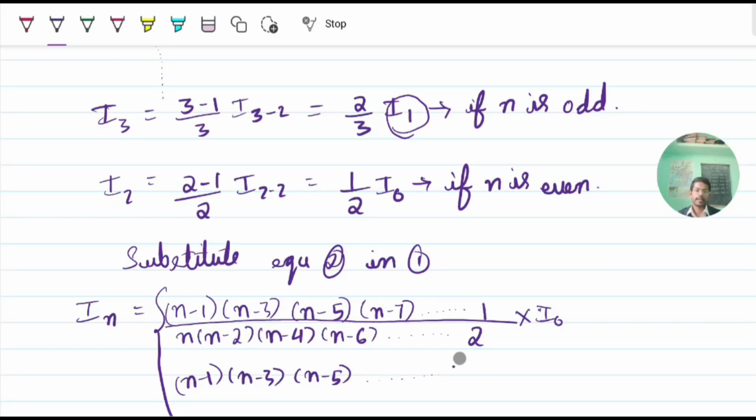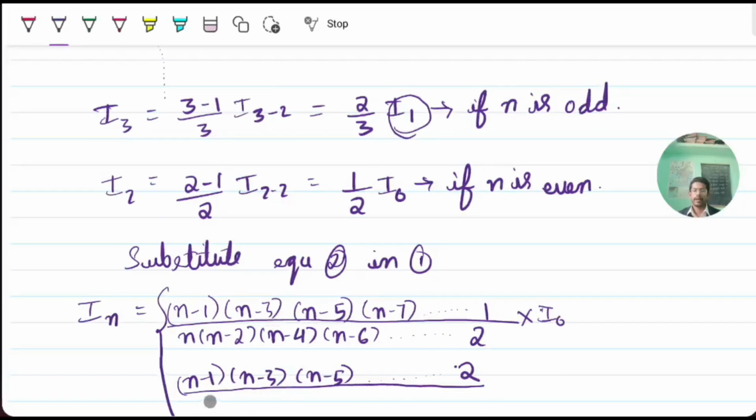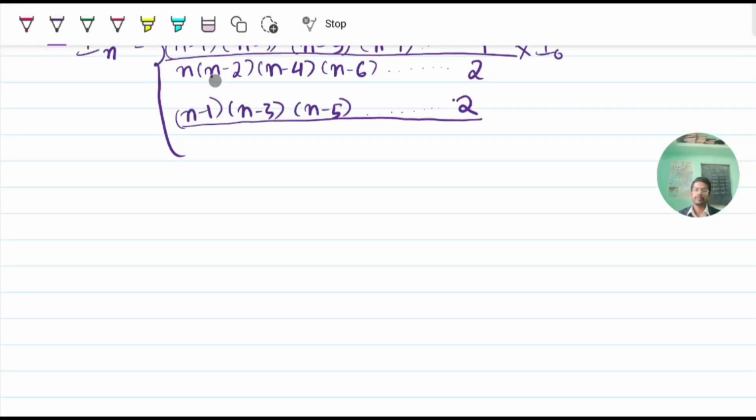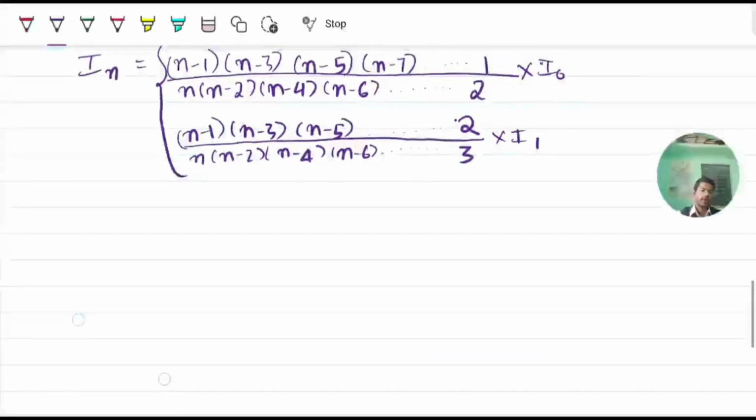So let us write that 2, whole divided by n into (n-2)(n-4)(n-6) and so on to 3 into I1.